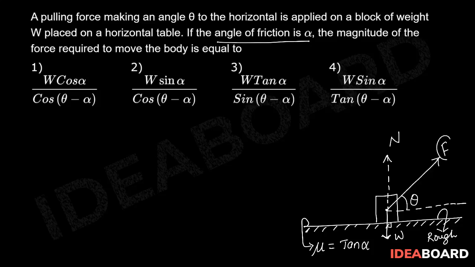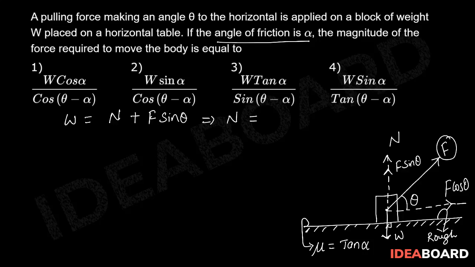Now F gets resolved into two components: F cos theta towards right and F sin theta vertically upwards. So now weight balances normal reaction force plus F sin theta. From this equation we can write normal reaction force as W minus F sin theta.